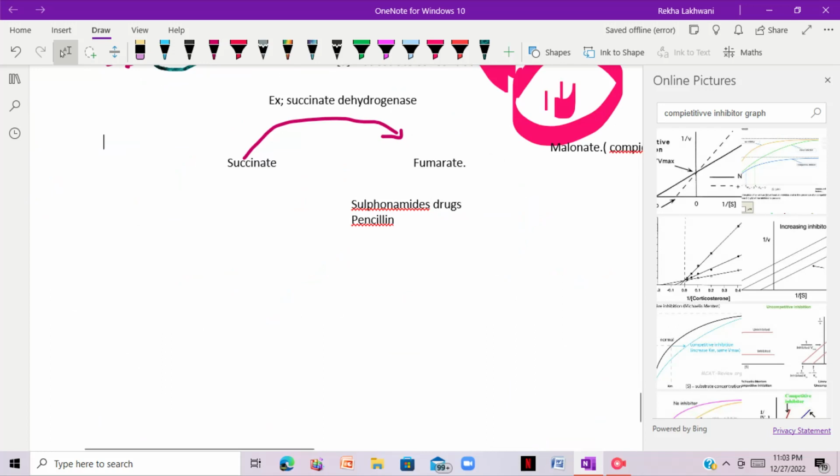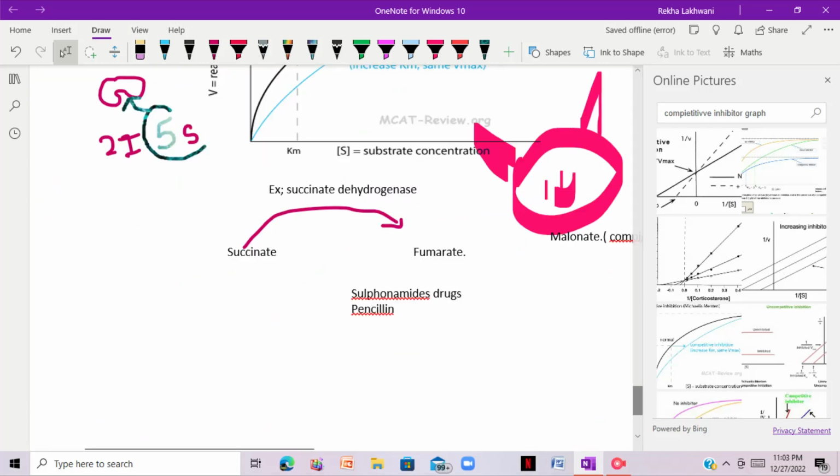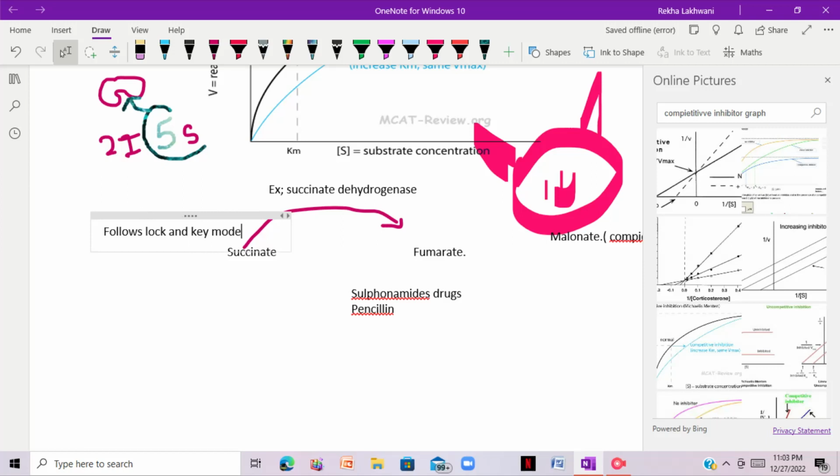One more example of them is feedback inhibition. So this competitive inhibitor follows the lock and key model, right?